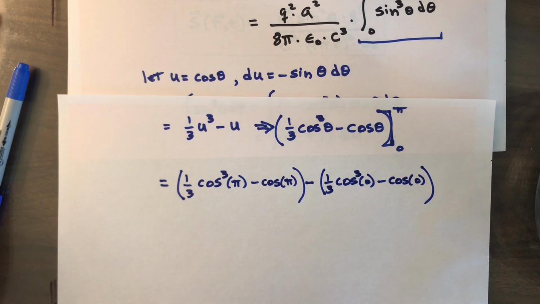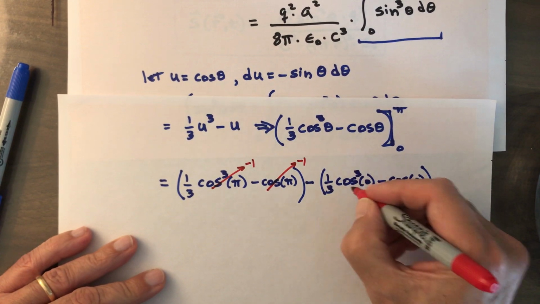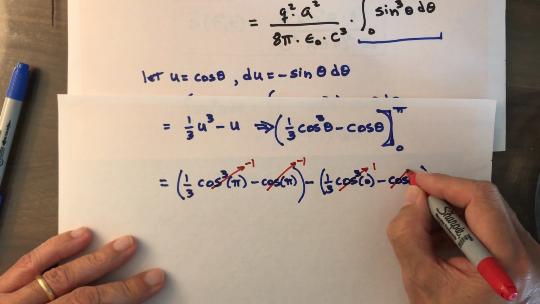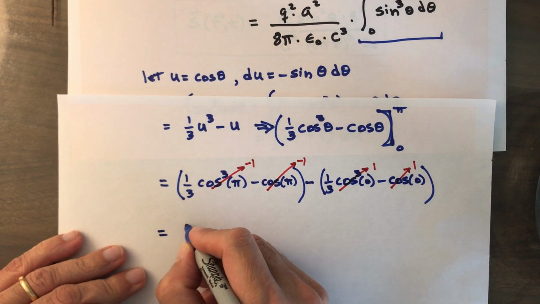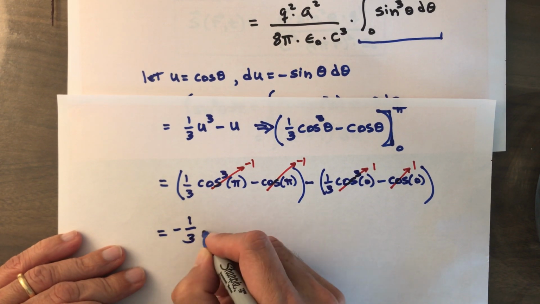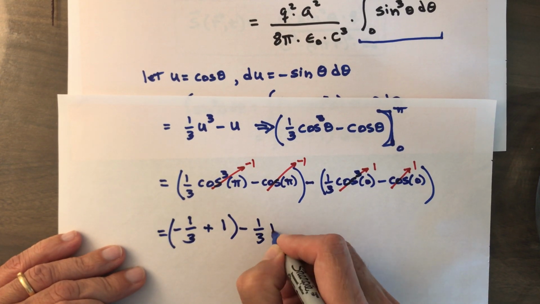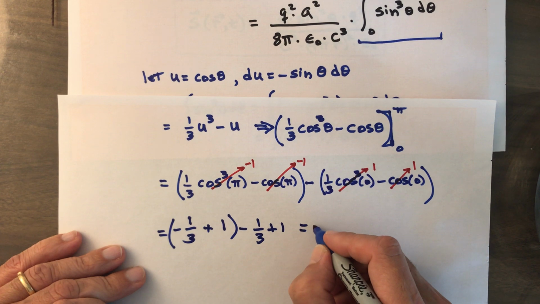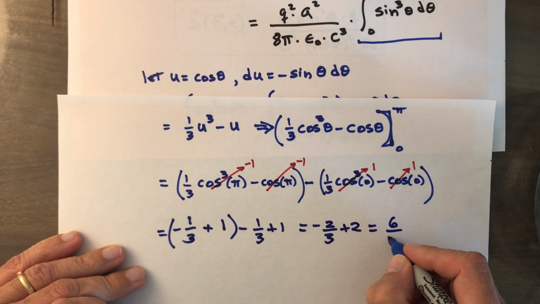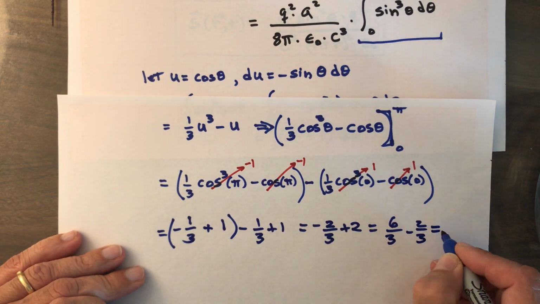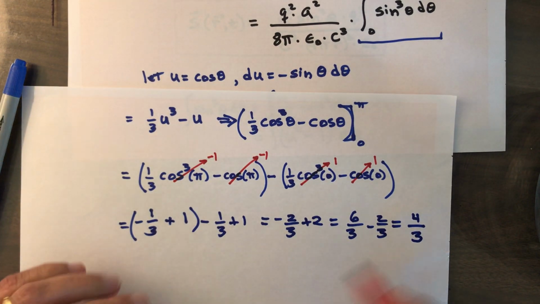And here we can come up with that term being minus 1, that term being minus 1, that term being 1, that term being 1. So that then comes out to be 1/3 negative plus 1 minus 1/3 plus 1, which is equal to minus 2/3 plus 2, which is equal to 6 divided by 3 minus 2/3, which is equal to 4/3. That's the result that we wanted.